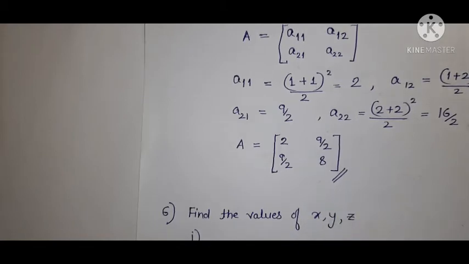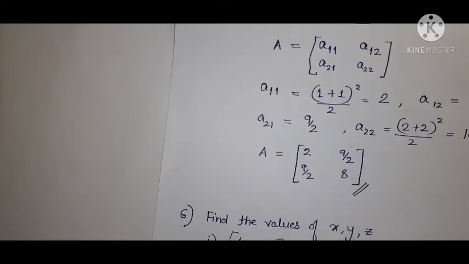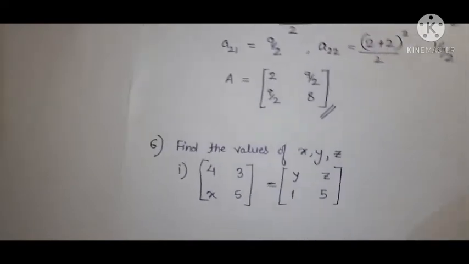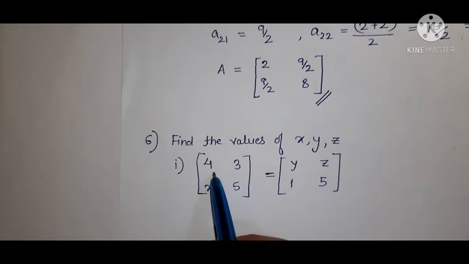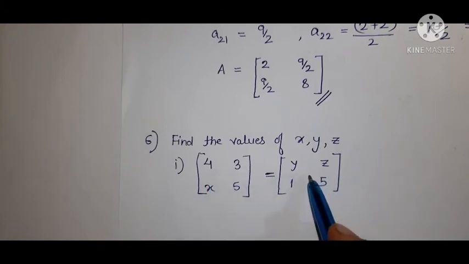On the left hand side you are given a matrix which has the elements 4, 3, x, 5. On the right hand side you are given y, z, 1, 5.